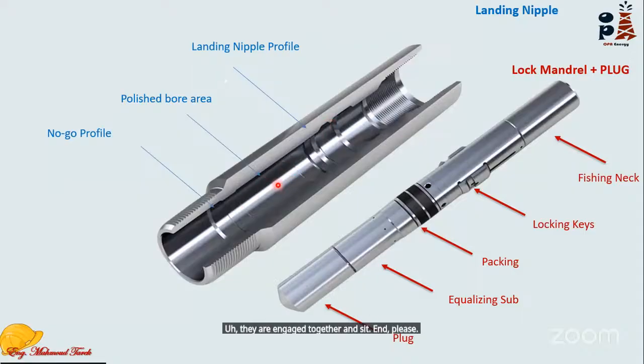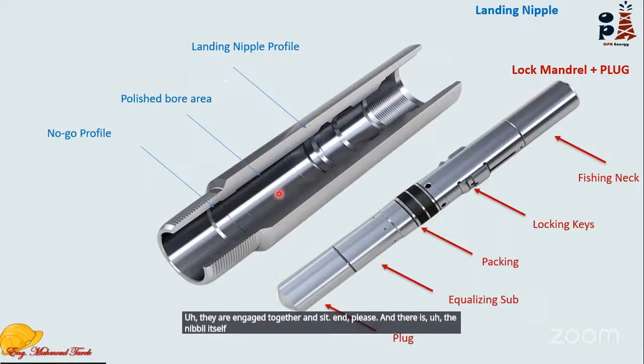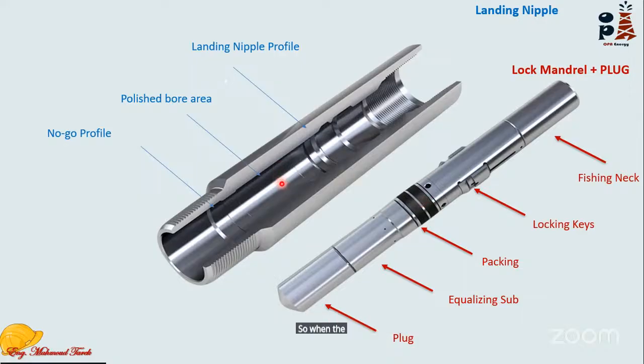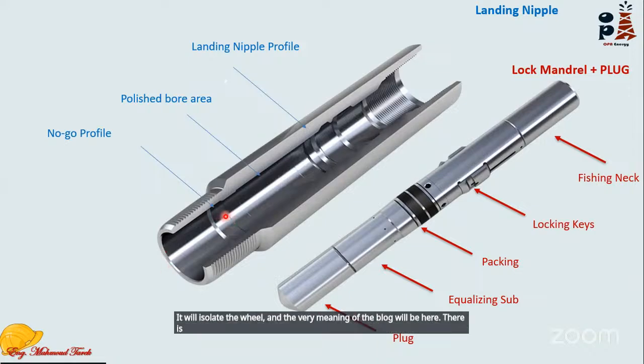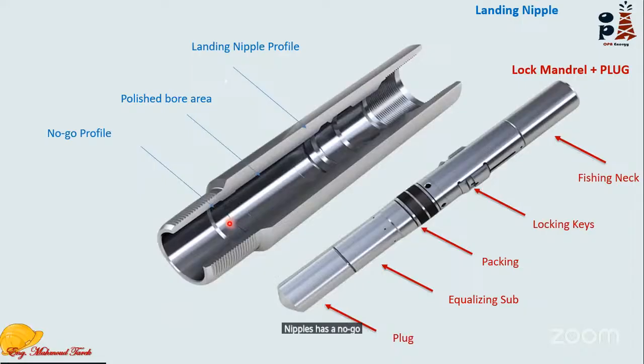And in the nipple itself, there is a polished bore area. The polished bore area accommodates what? It will accommodate the backing. So when the backing is inserted inside the polished bore area, it will isolate the well, and the remainder of the plug will be here. There are common types of nipples with a no-go profile or selective.